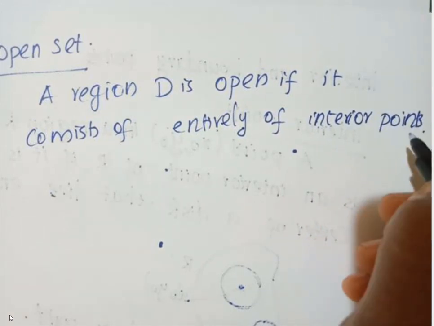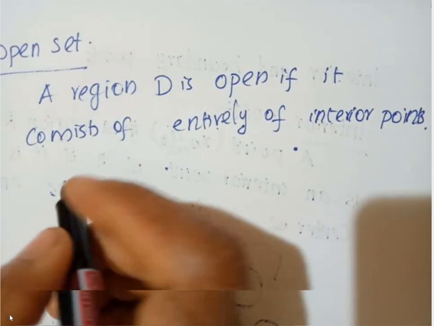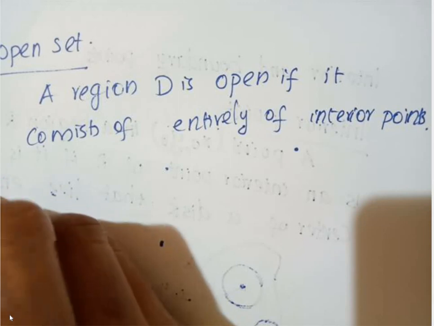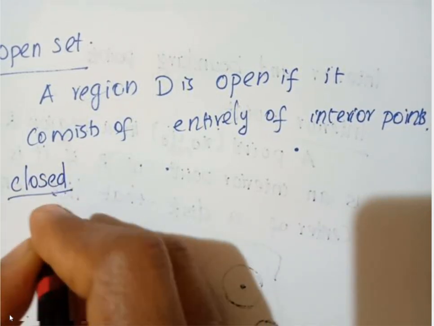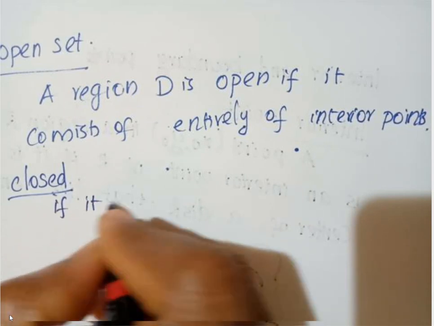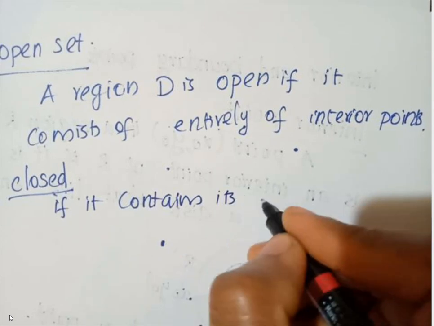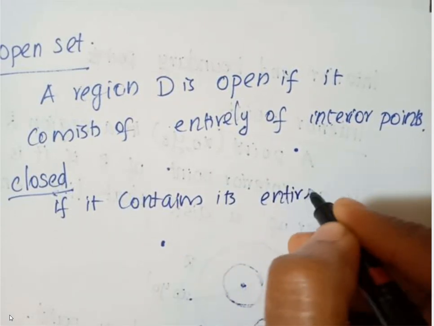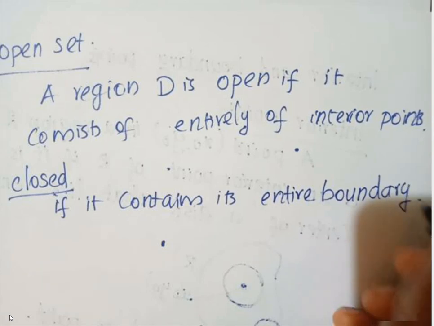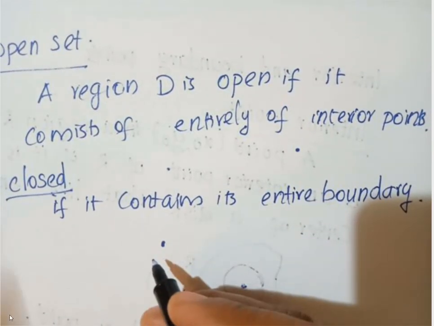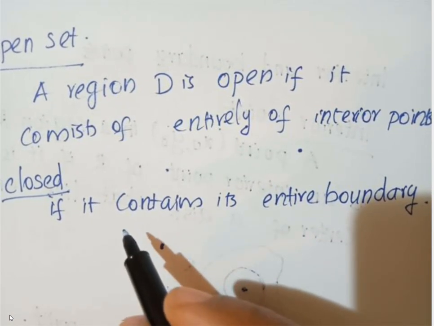A region is said to be closed if it contains its entire boundary also. If the boundary is not there, then we say that it is an open set. If the boundary is included, then it is said to be a closed set.